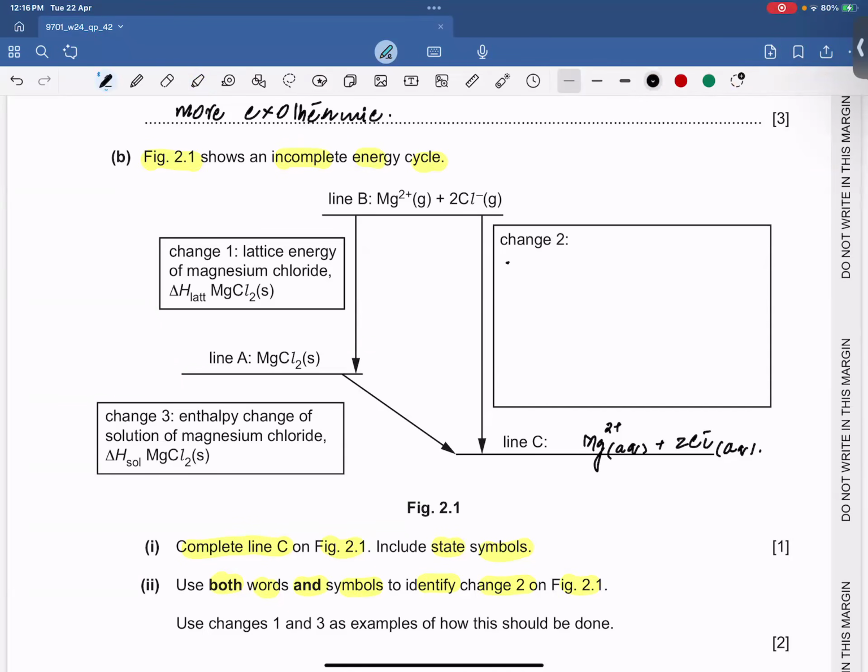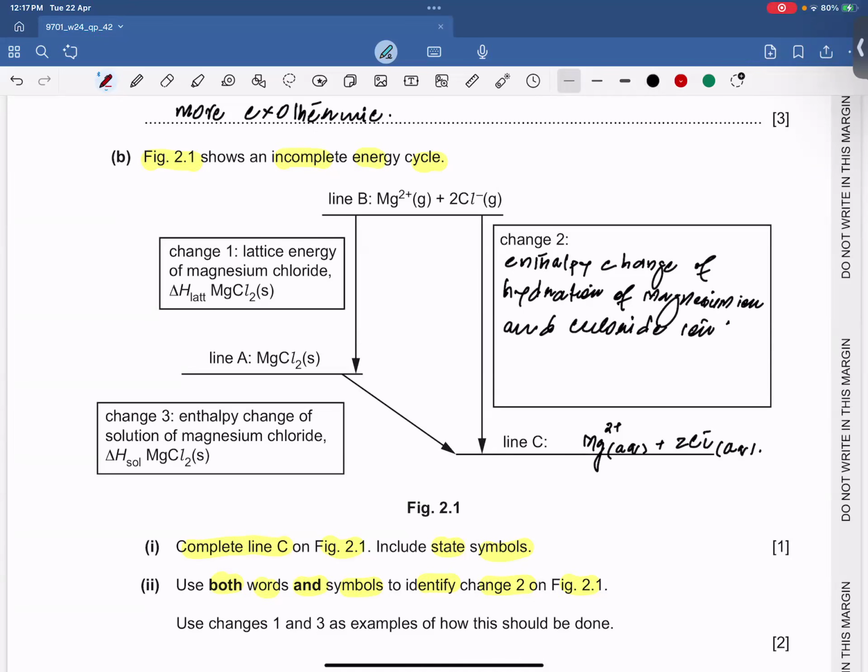Okay. So enthalpy change of hydration. Since the examiner is looking for words, I'm going to write magnesium ion and chloride ion, and also the examiner is looking for the symbol, so I can write here hydration of magnesium ion plus hydration of chloride ion.